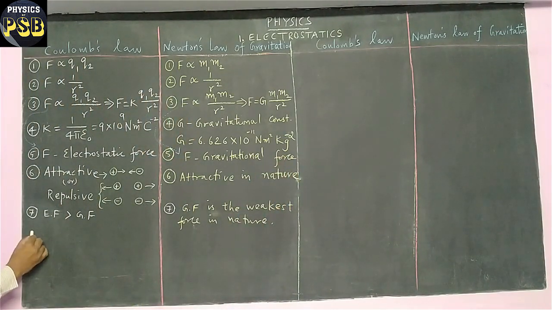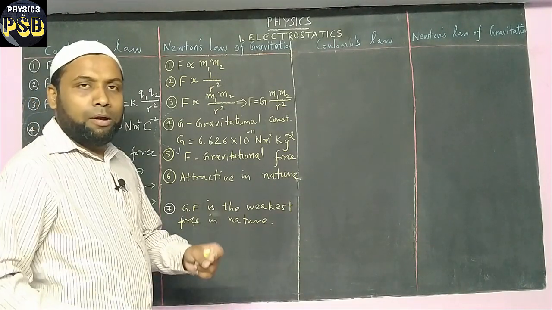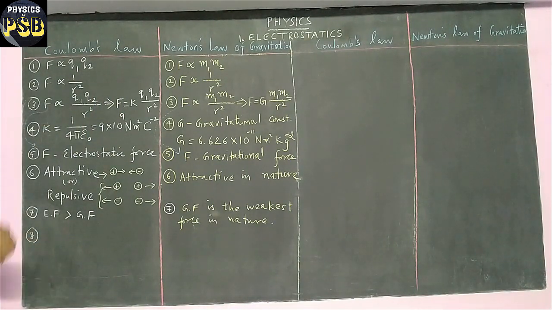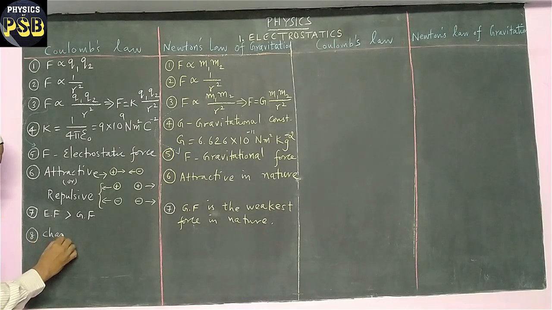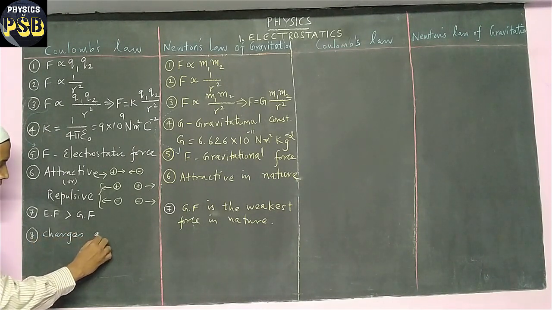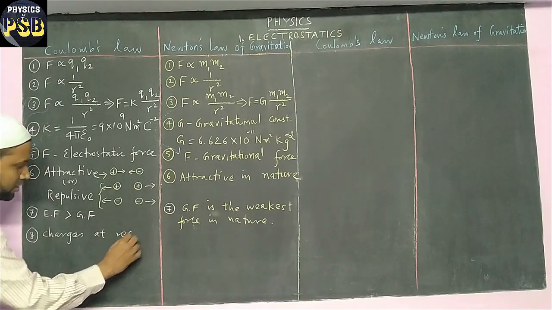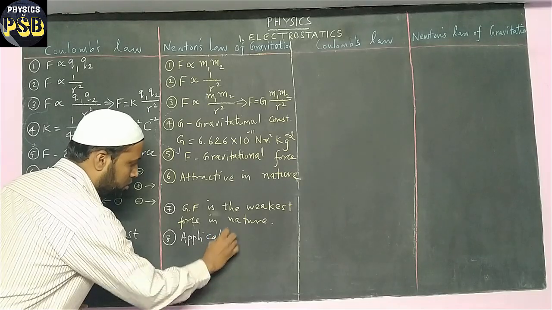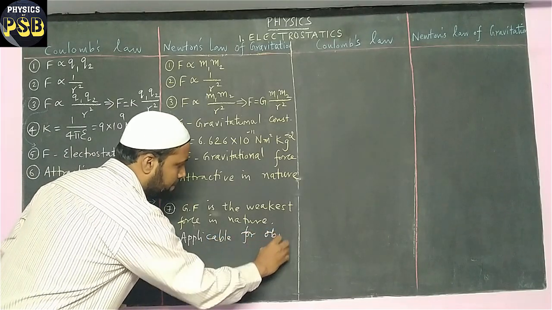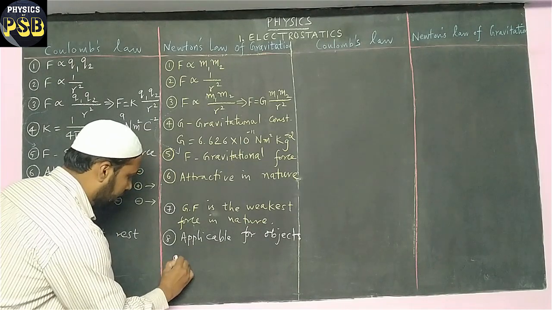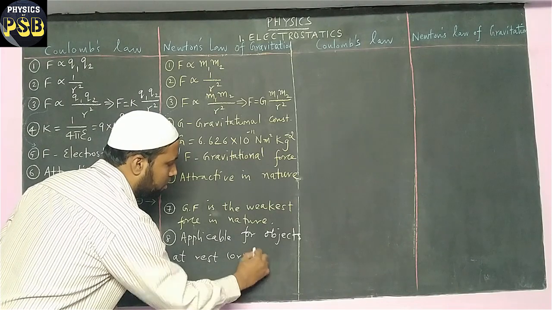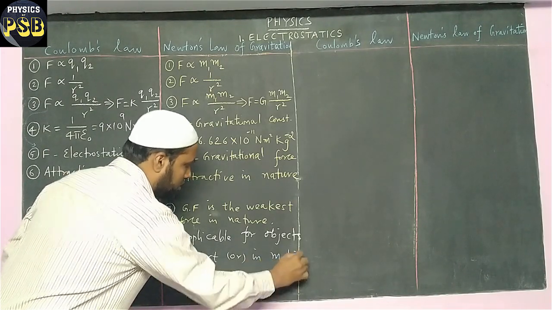Next, 8th point. It says that Coulomb's law is applicable only for charges at rest. Charges need to be at rest. Newton's law of gravitation is applicable for objects at rest or in motion.